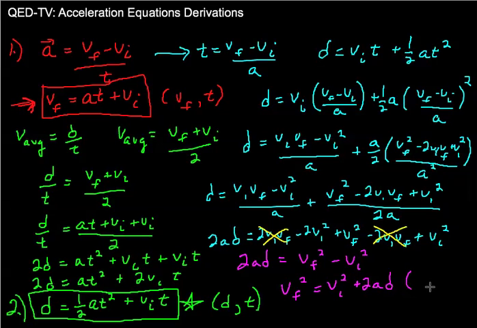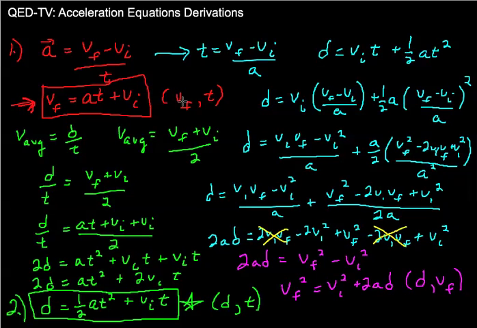And you'll notice here we still have A in this equation. We still have initial velocity. As I said, we're going to have acceleration and initial velocity in every single one of these equations. But this time, it's in terms of displacement and final velocity.